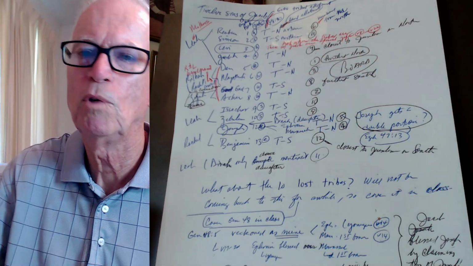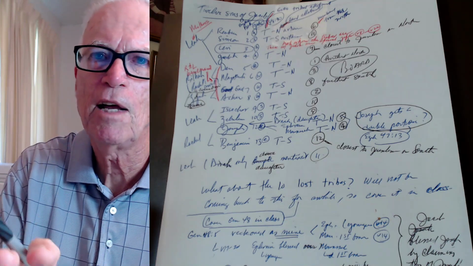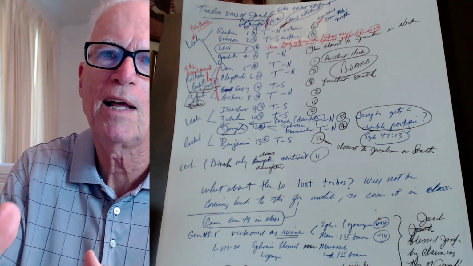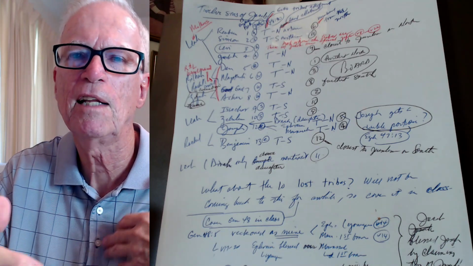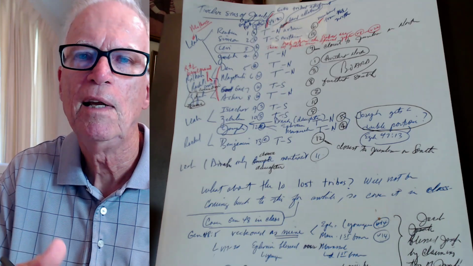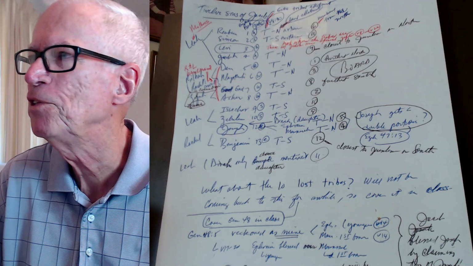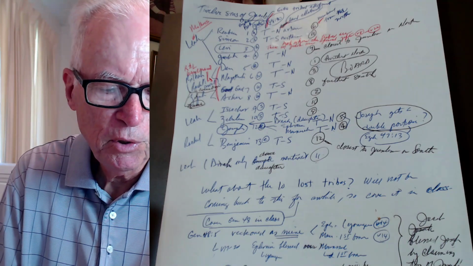So if you're reading your Bible, you're going to see north and south. It's not northern kingdom or southern kingdom, it's just the northern tribes of the northern allocation, and then the others are the south, not the southern kingdom, but the southern allocation of land. Hope that didn't confuse the issue. Okay, so that would be down through Judah.